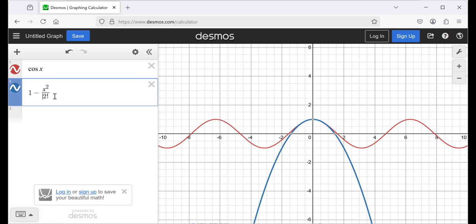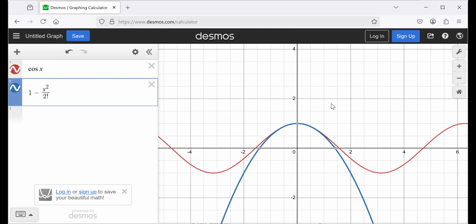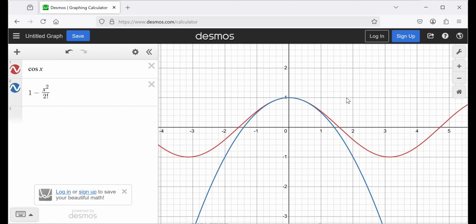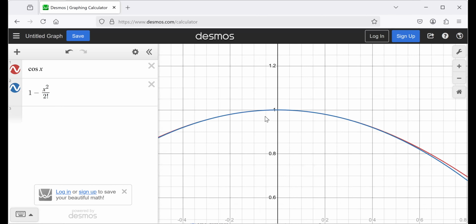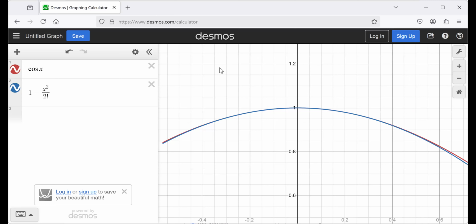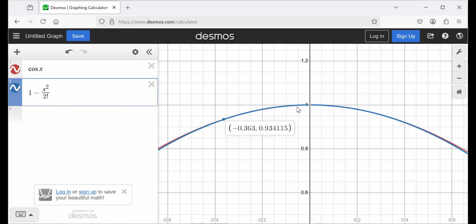It has a factorial in it, notice. I keep promising you that factorials show up in major applications. This is only a second degree polynomial, but near the origin, it's already doing a very good job of looking like the cosine.